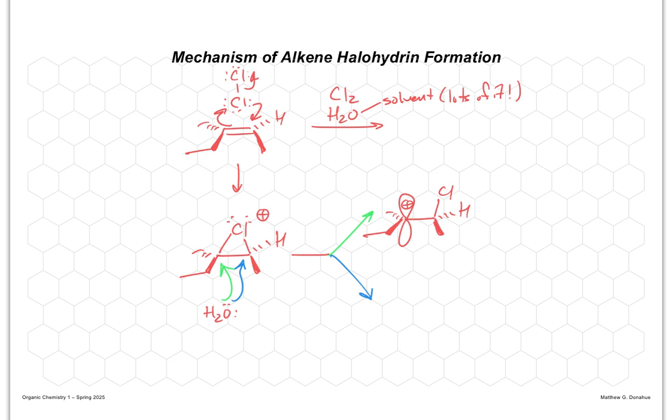And then if I classify that carbocation, I'll find it's tertiary. Now I do the same analysis for the other carbon-chlorine bond. I find that that's a secondary carbocation. So the green path is going to be the one that's preferred.